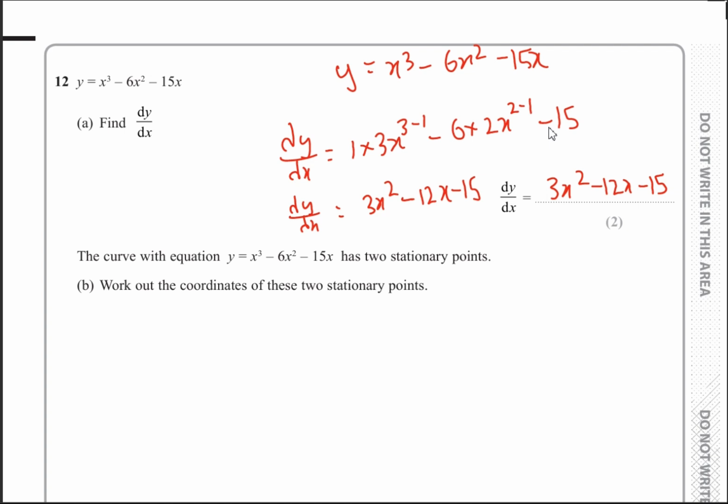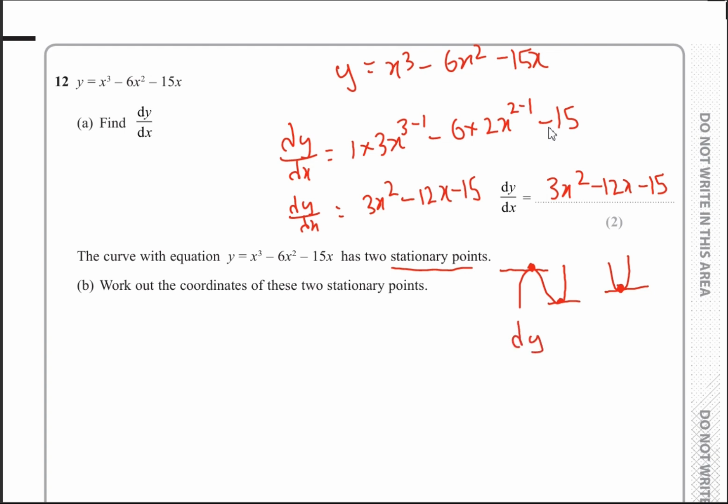The curve with the equation, that is the previous one, has two stationary points. Stationary points means things like this, guys. So these points are stationary points. One speciality of the stationary points is, if I draw a tangent to them, the gradient at these stationary points is equal to 0.